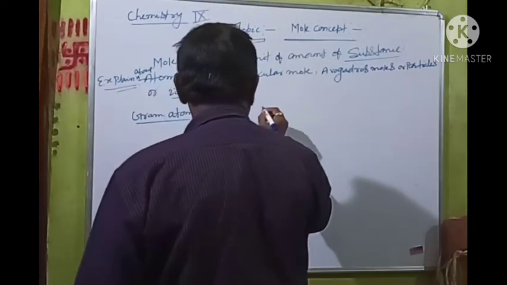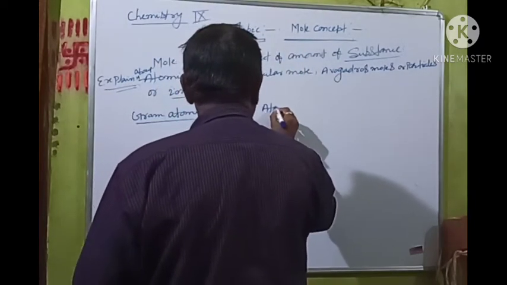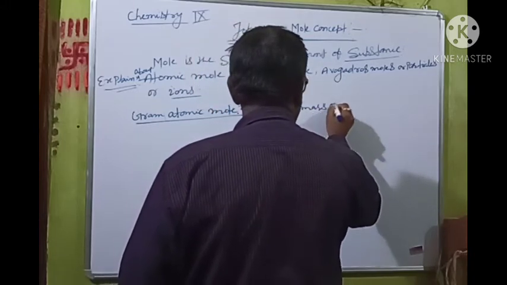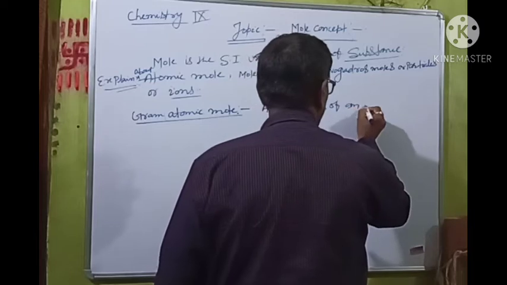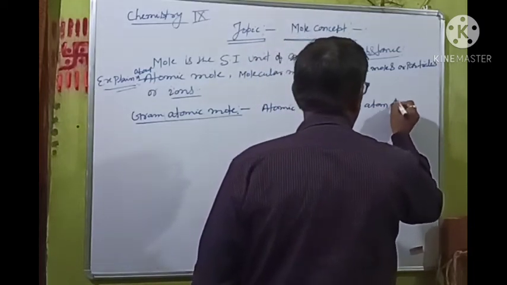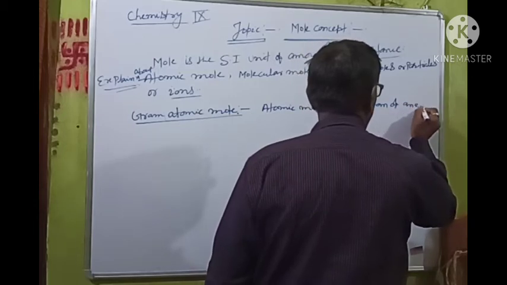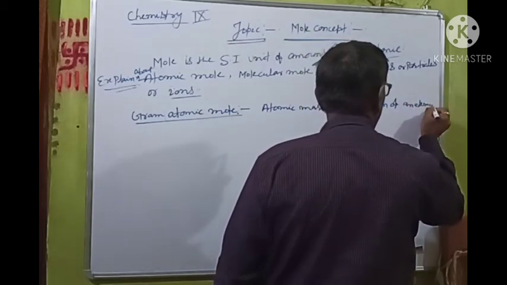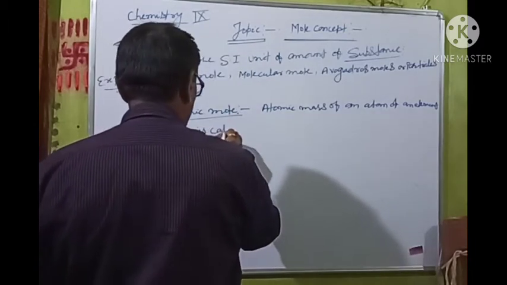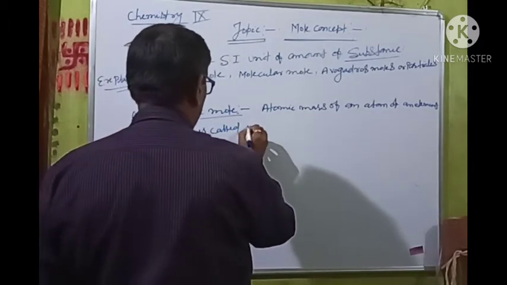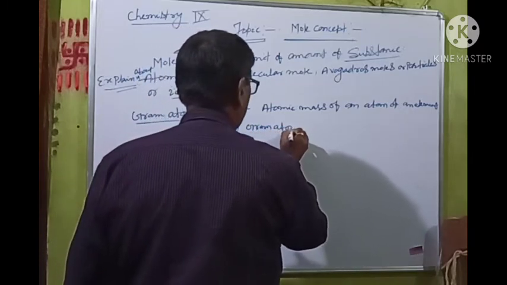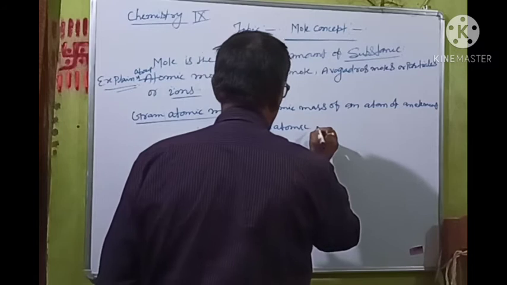The atomic mass of an atom of an element is known as gram atomic mole.